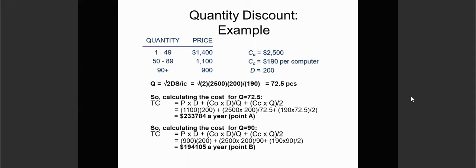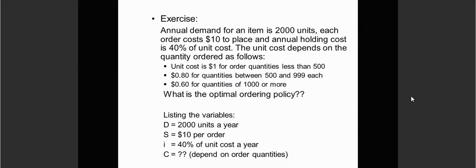To understand more practically, let me show an example of quantity discount. For example, here we have a quotation price from our supplier where the price decreases as the order quantity increases.